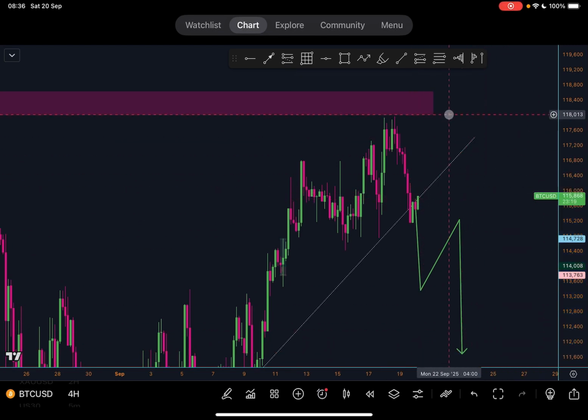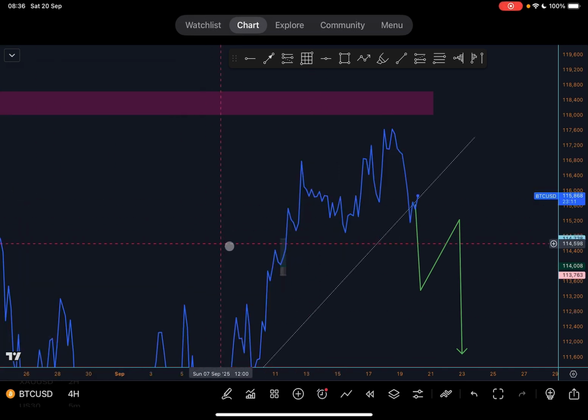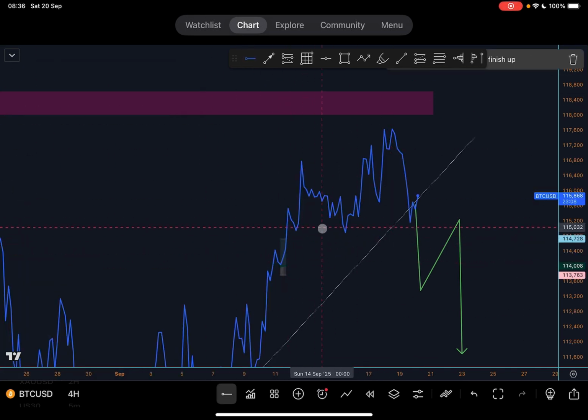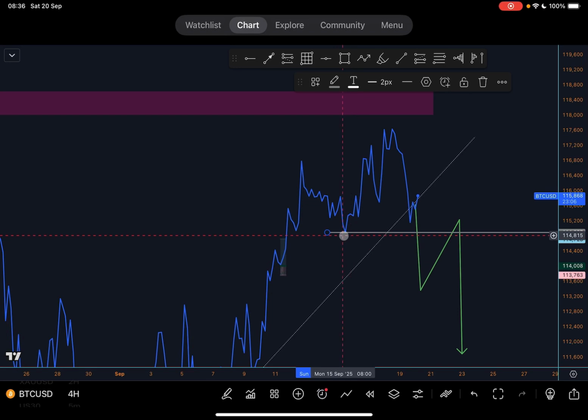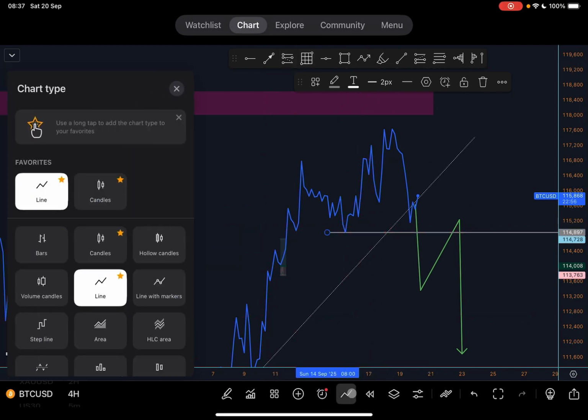Or you allow it to break this high, because if we turn on our line chart, this is the low that once BTC breaks, you start expecting sales. This low right here, if BTC can break this low, you start expecting massive sales.